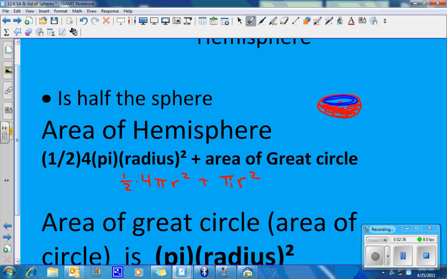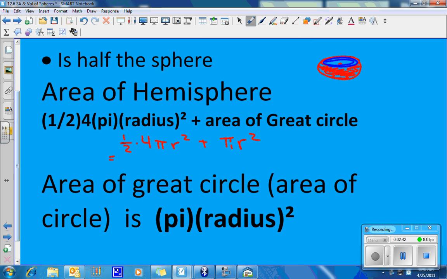If you want to use shorthand, this is fine: pi r squared. But if you'd like to shorten it, half of 4 is 2, so 2 pi r squared plus pi r squared. You notice that the pi r squared terms are the same. The coefficients in front of them are 2, and there's a 1 here, you just don't see it.